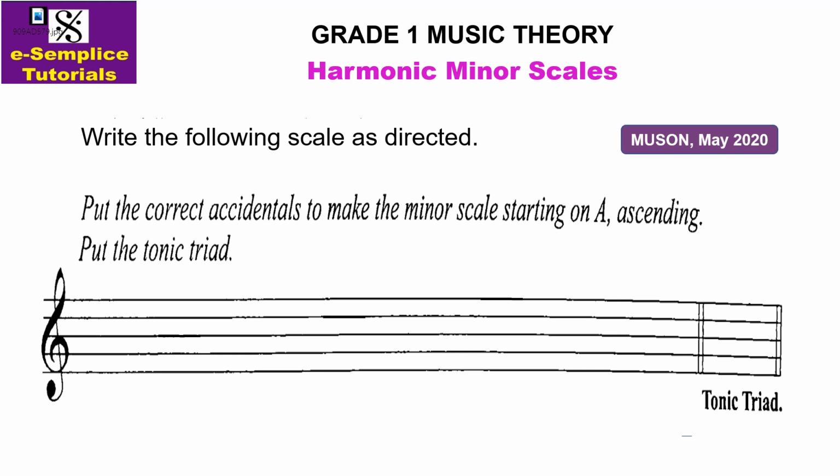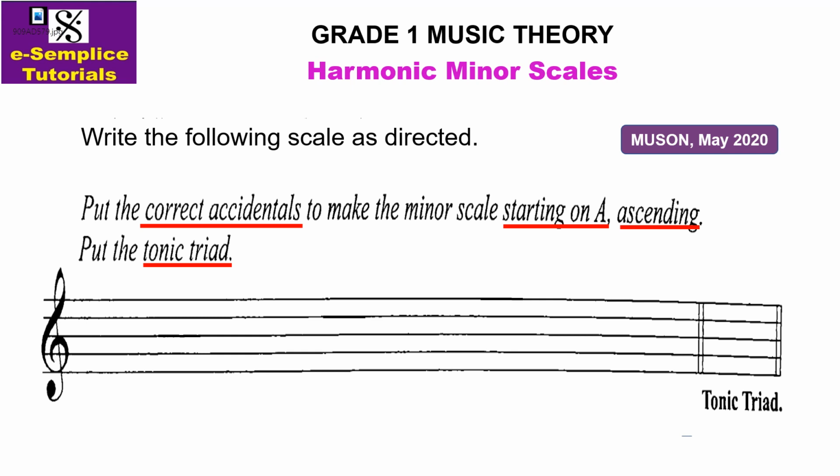Let's highlight the requirements. Correct accidentals. That means do not use key signature. And your scale should start on A. It should be ascending, and then write the tonic triad.